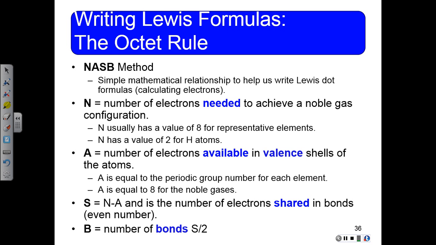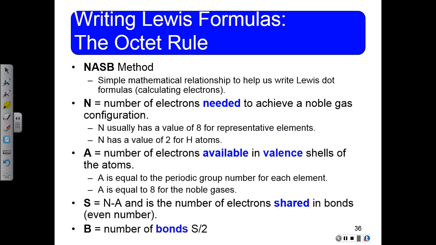Why do you think it has to be an even number? Yeah, there are 2 electrons in a bond. So if we're looking at bonds and sharing, we're going to have an even number because there are 2 electrons in every bond.